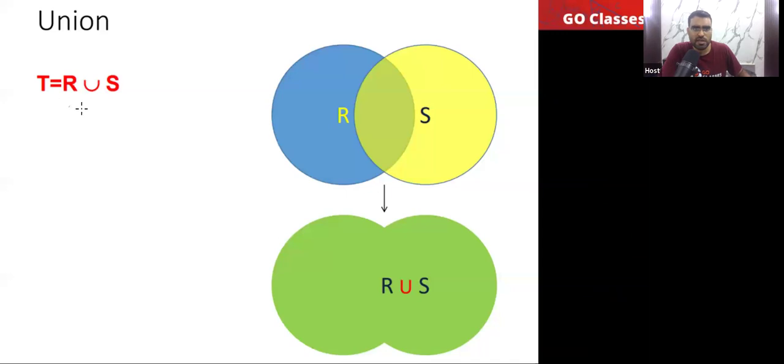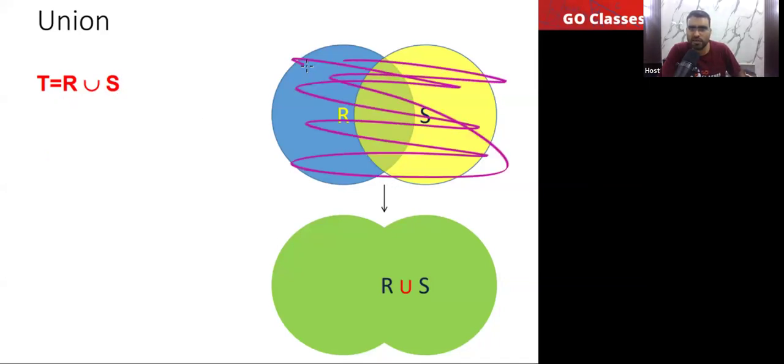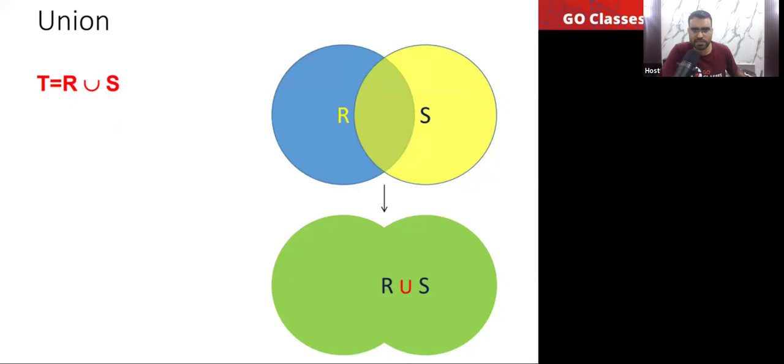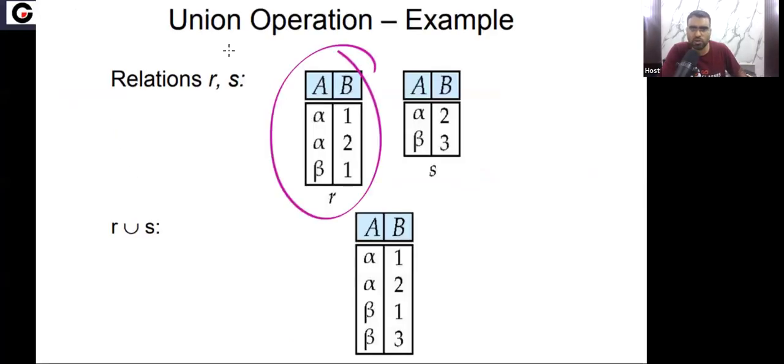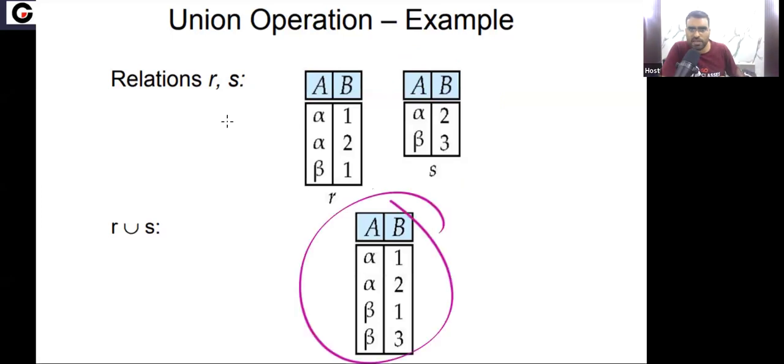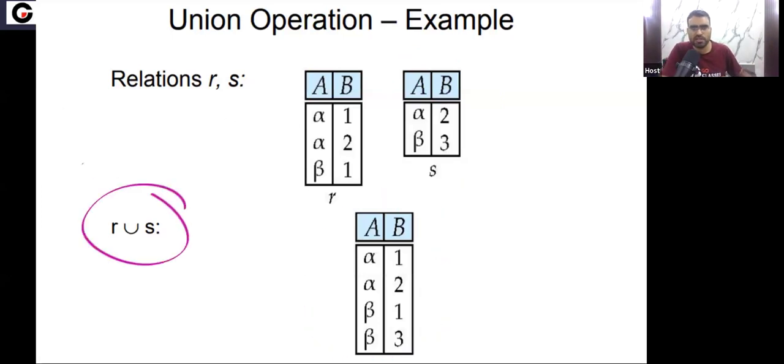Now in the union, we take all the elements of R, and all the elements of S, which belong to R or S. If this is your table R and this is your table S, then what will be the union? Very simple: take all the tuples of R, take all the tuples of S. Finally, this will be your output. This is R union S. Remember, duplicates are removed, so you have to remove the duplicates.